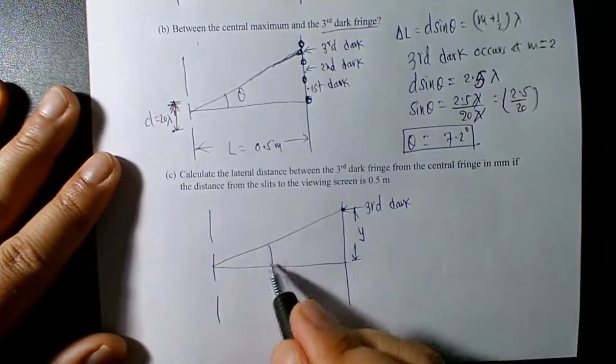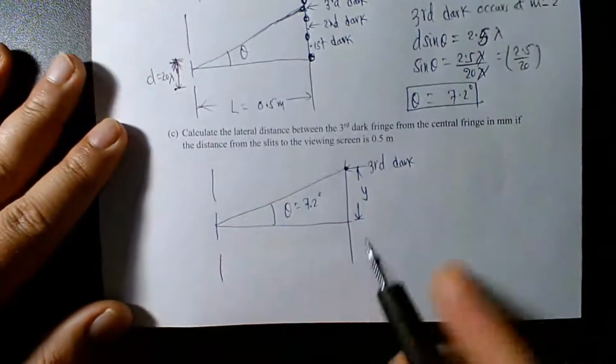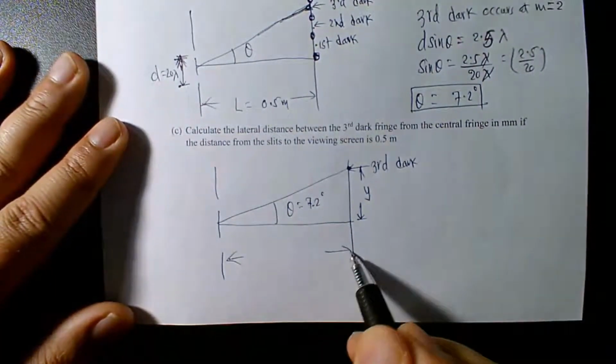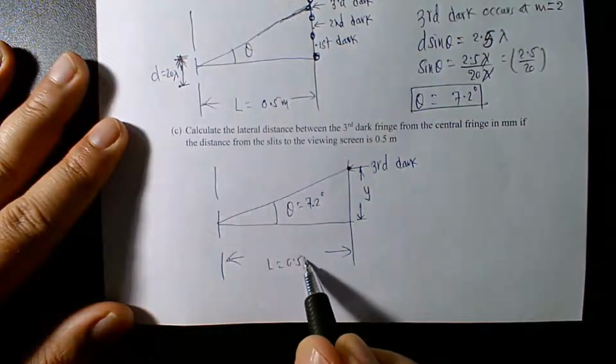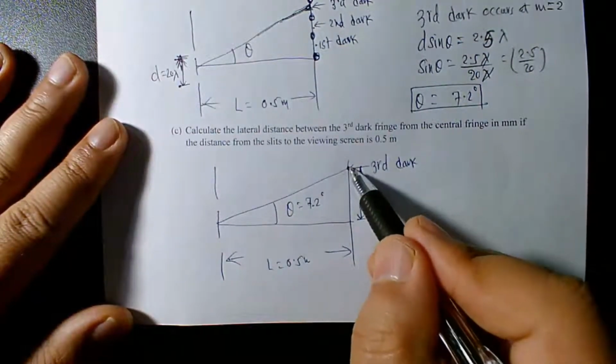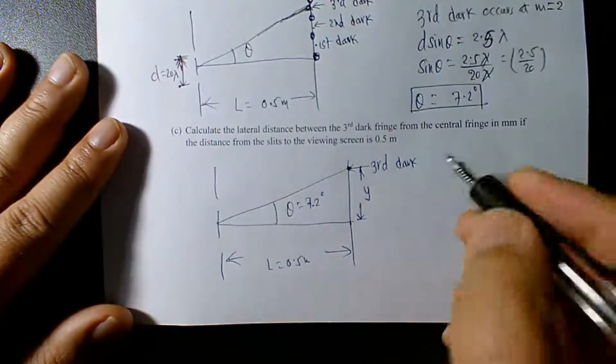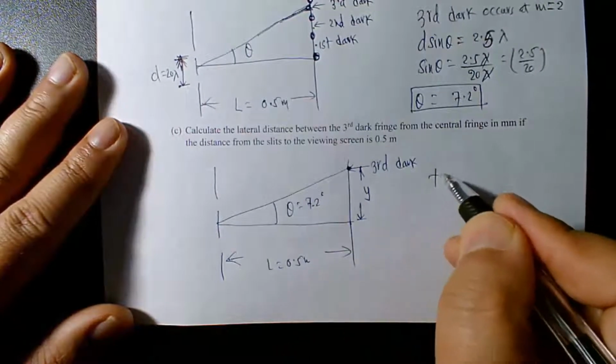Since we already know this angle, 7.2 degrees from part B, you can easily find this lateral distance, how far the third dark is from the central bright fringe. You can just use trigonometry.